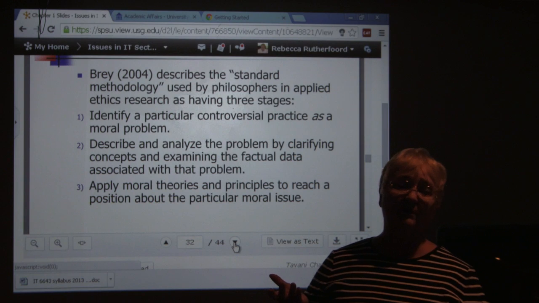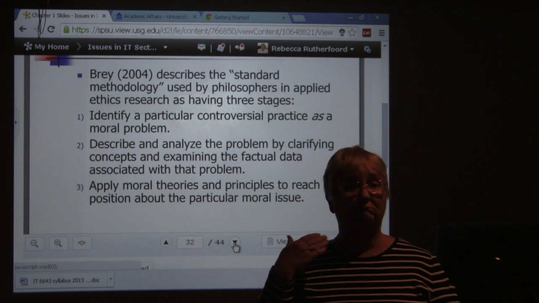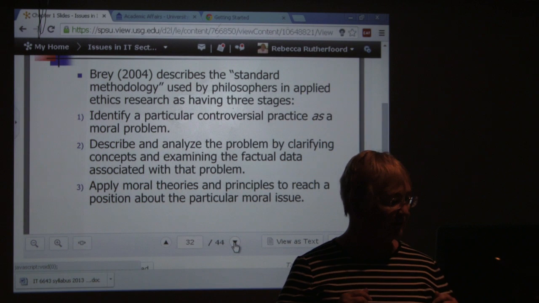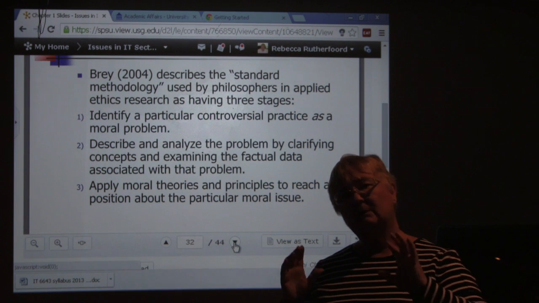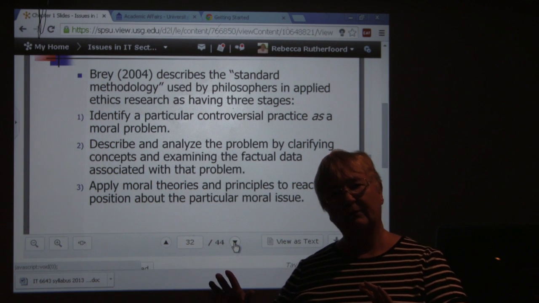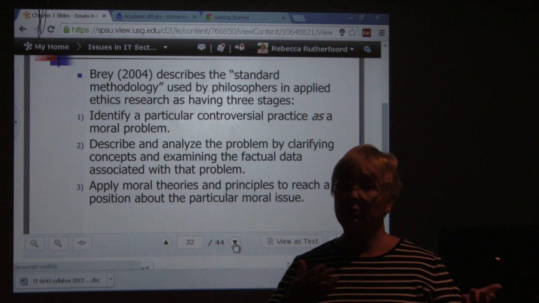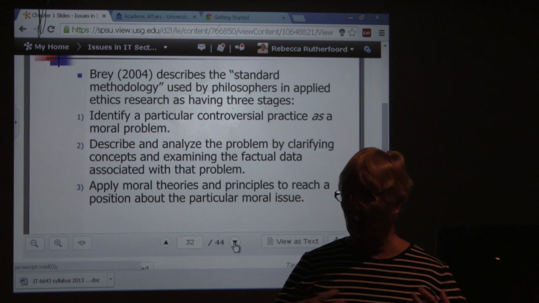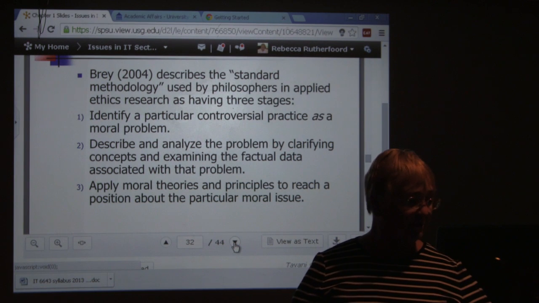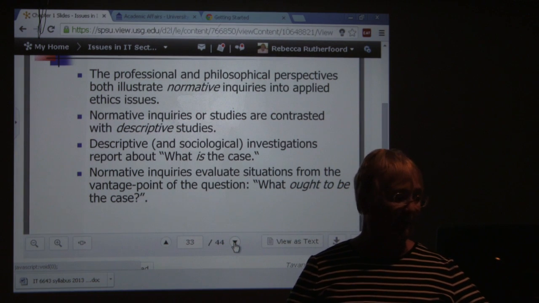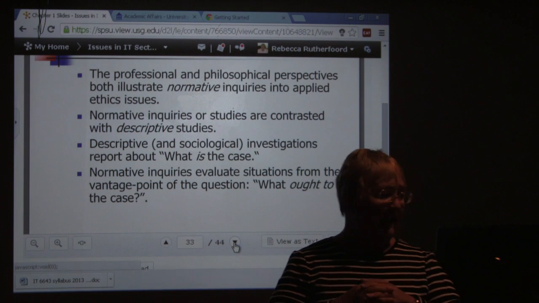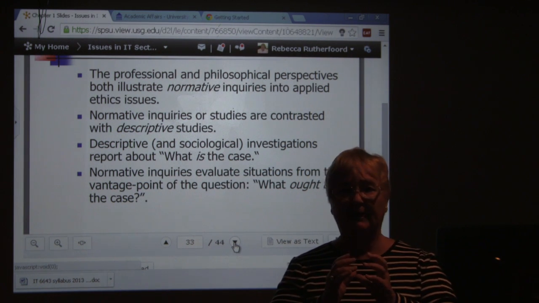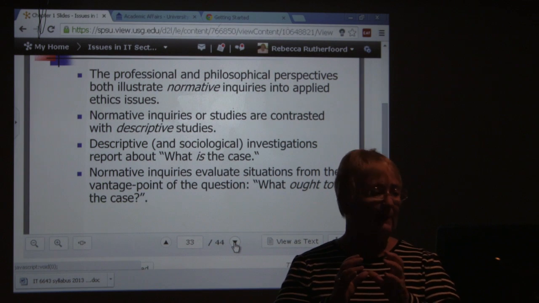As we mentioned for the Lockheed example: sign off on the testing, don't sign off on the testing, and so on. Then we apply the various ethical theories, the moral theories, to this ethical dilemma to see if we can come up with a more logical solution to the problem. And so the professional and philosophical perspectives come together, and that's an important piece in making this work.